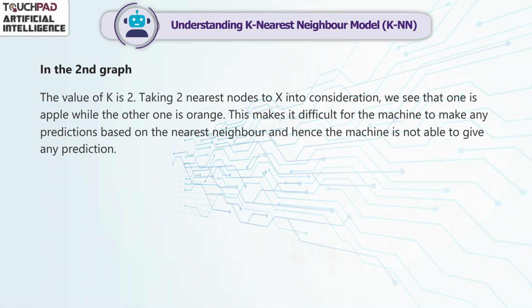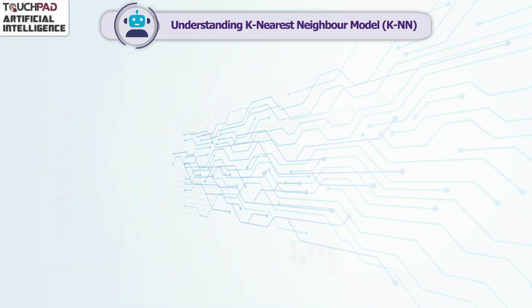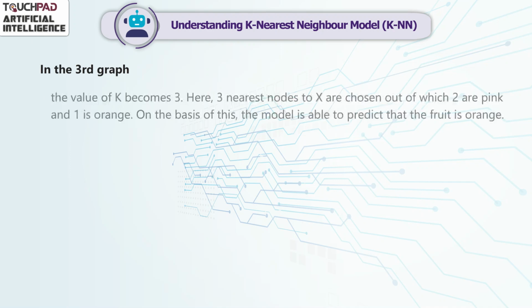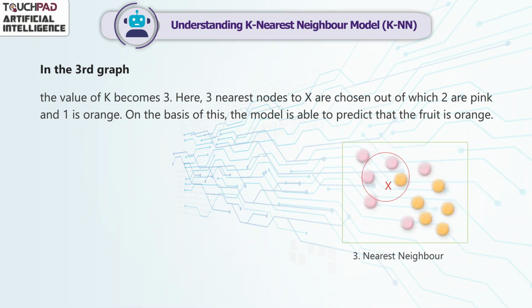This makes it difficult for the machine to make any prediction based on the nearest neighbors, and hence the machine is not able to give any prediction. In the third graph, the value of k becomes 3. Here 3 nearest nodes to x are chosen, out of which 2 are pink and 1 is orange. On the basis of this, the model is able to predict that the fruit is orange.